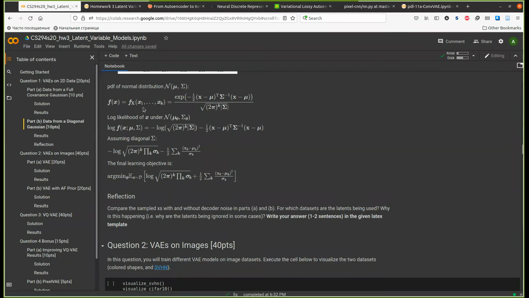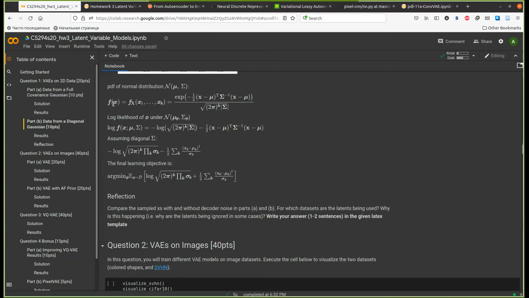So if we take the likelihood of X under some distribution, here is the PDF of a normal distribution. And here is the logarithm of the probability of X under this distribution, right?